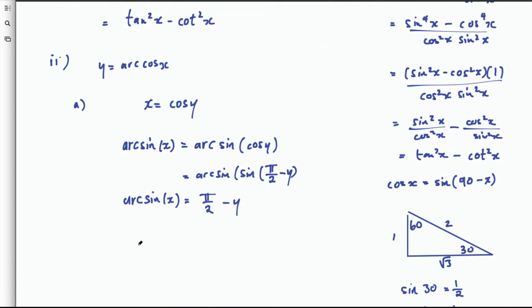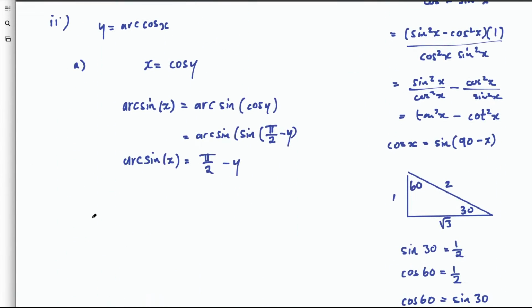Okay, so this would be, excuse me, part B, arc cos x plus arc sine x equals y plus pi on 2 take y, which is equal to pi on 2. Hopefully that made sense.